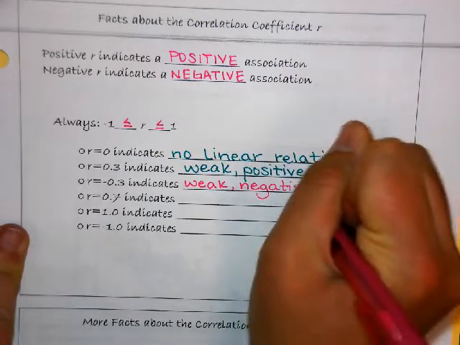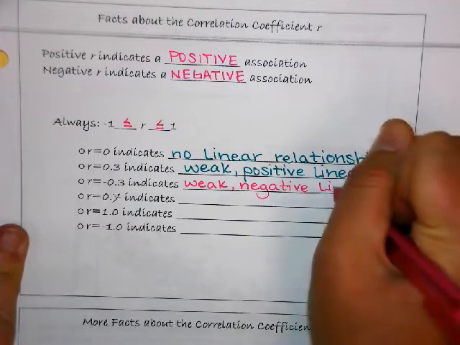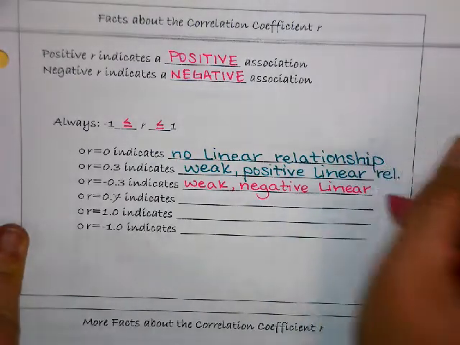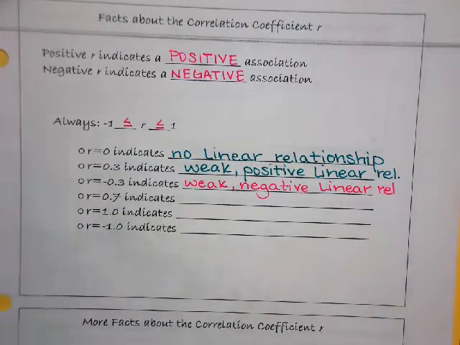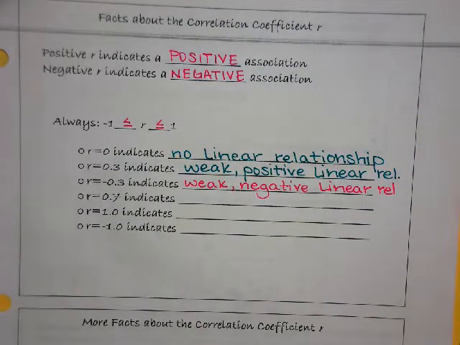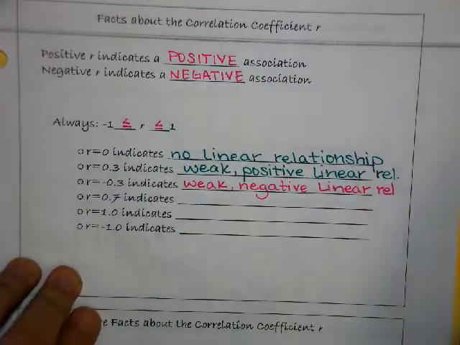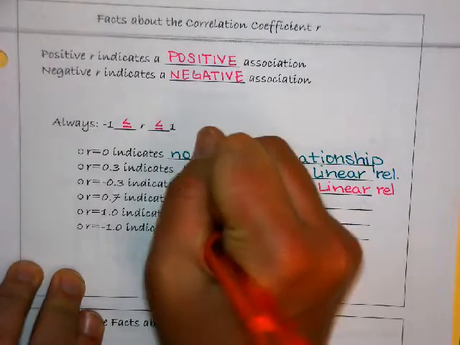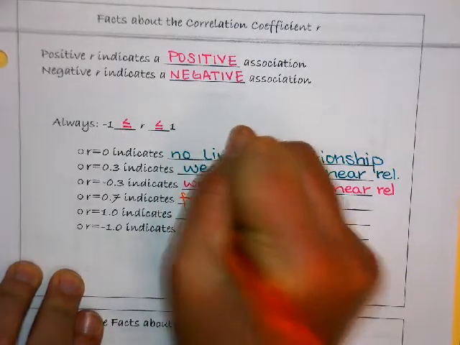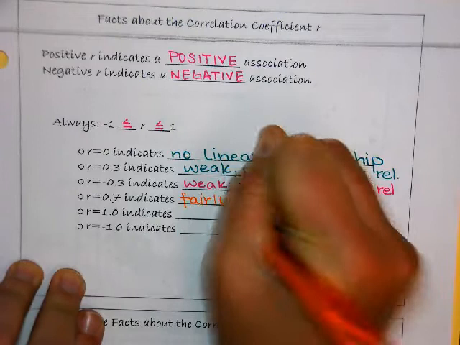If R is 0.7, we would say something like fairly strong or moderately strong. It's not quite strong, but it's not really weak. So you have to have a safety word in there. So fairly or moderately strong. It's a positive 0.7, so it's a positive linear relationship.